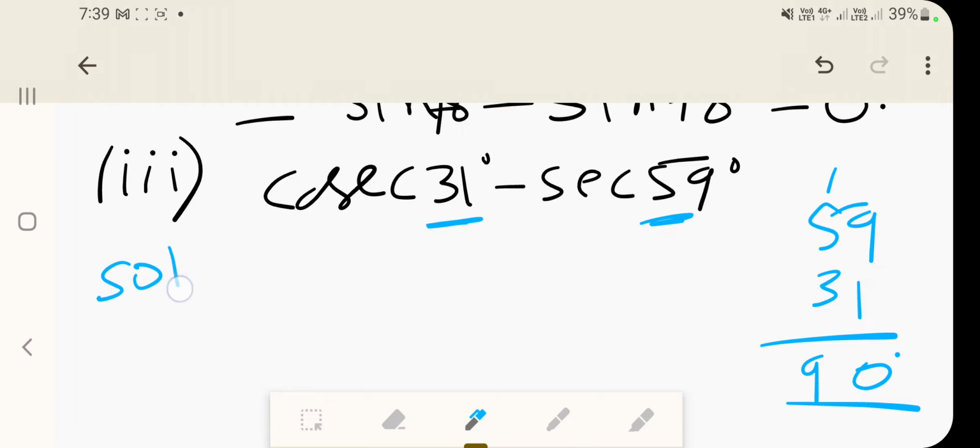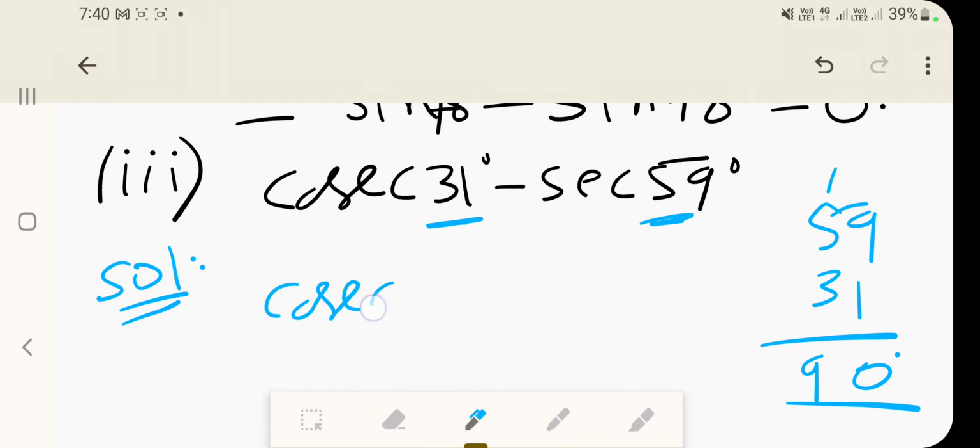This is also the same. You have to change or modify any one of these two, not both. Either cosecant 31 or secant 59, any one of them you change into secant or cosecant. Both we should not change.